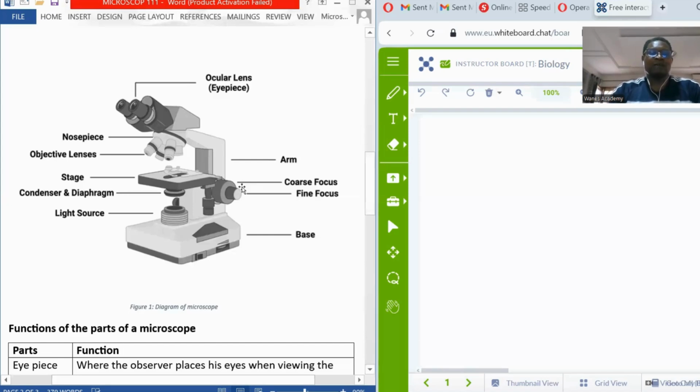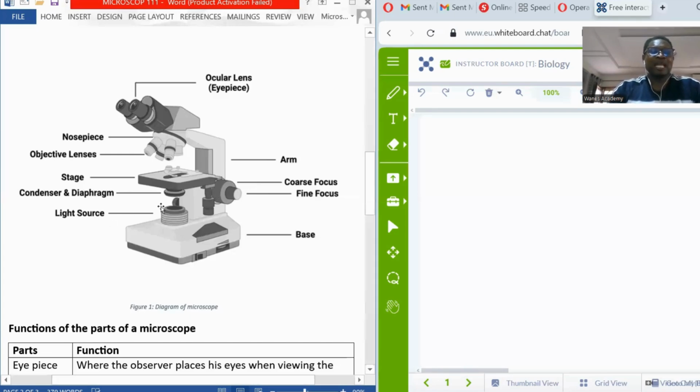After the condenser, we have the adjustment knobs. We have the coarse adjustment knob and we have the fine adjustment knob. The coarse adjustment knob brings the specimen close to the objective lens, while the fine focus or fine adjustment knob gives a fine or clearer view of the specimen on the slide.